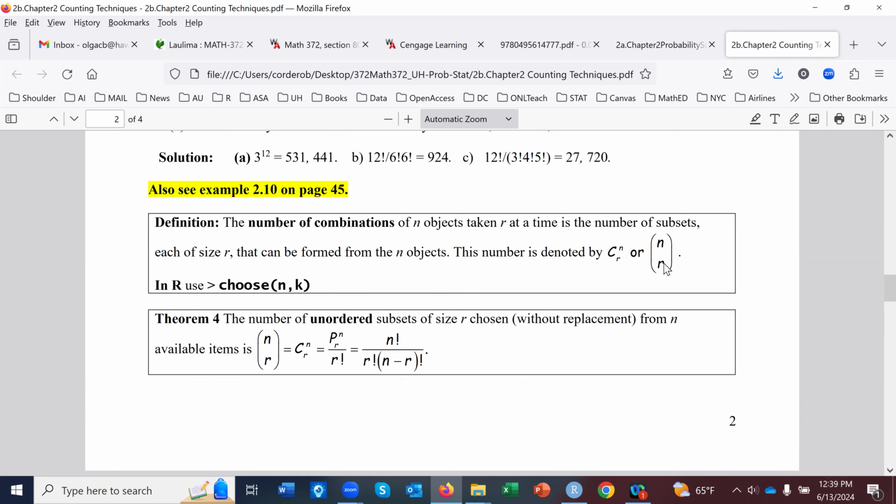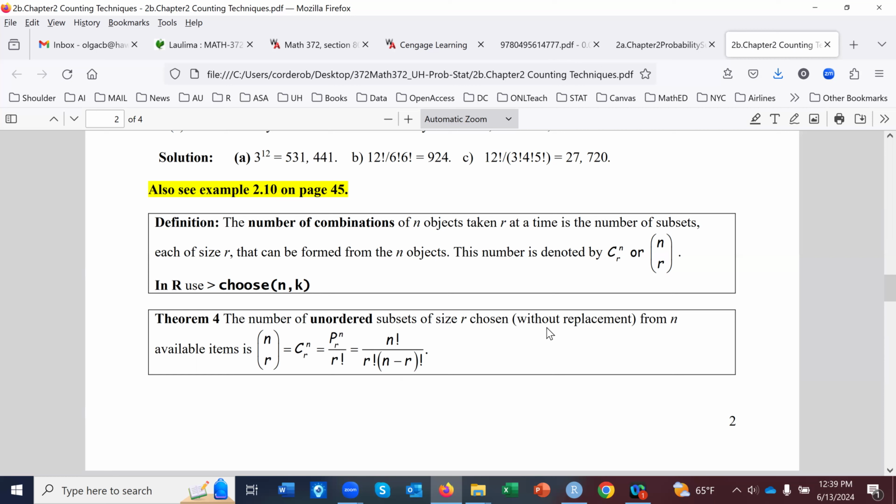This is the typical notation. It is very simple to calculate. The number of unordered subsets of size r, choosing without replacement, from n available items is n choose r. Emphasizing, in combinations, order is irrelevant.